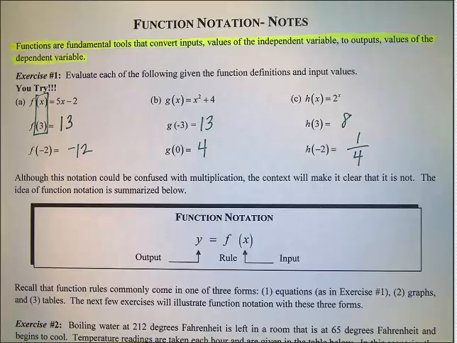Remember, y is your output, x is your input, and f is the name of the function. So it does not mean f times x, it's a function of x. Recall that function rules commonly come in one of 3 forms: equations, graphs, and tables. The next few exercises will illustrate function notation with these 3 forms.